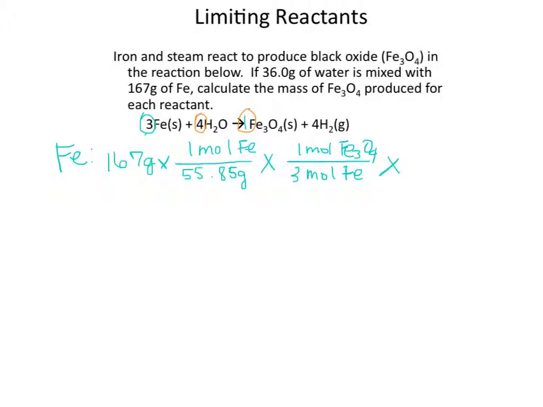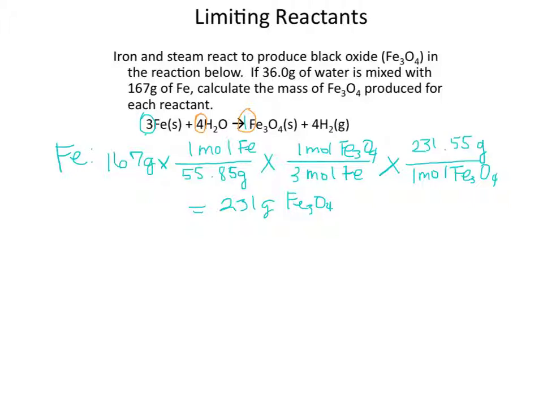Here is where we multiply by the molar mass of iron oxide. For every 1 mole of black oxide, you end up with 231.55 grams. If we put this into the calculator, you should end up with 231 grams of black oxide.